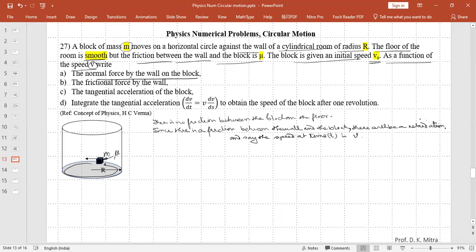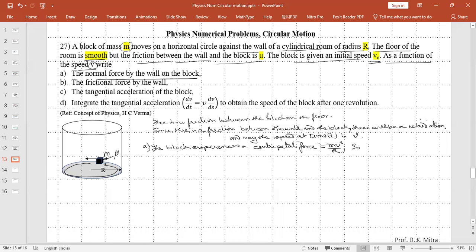Since the block experiences a centripetal force equal to, the centripetal force we know is mv square by r. At any time t, the velocity is v, centripetal force is mv square by r.